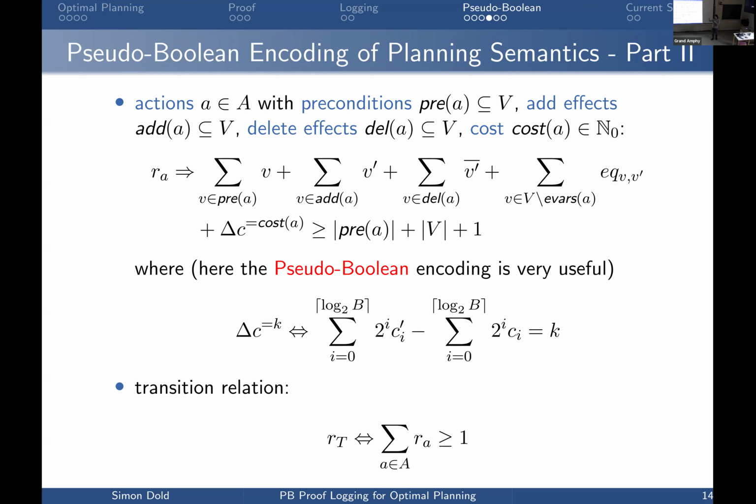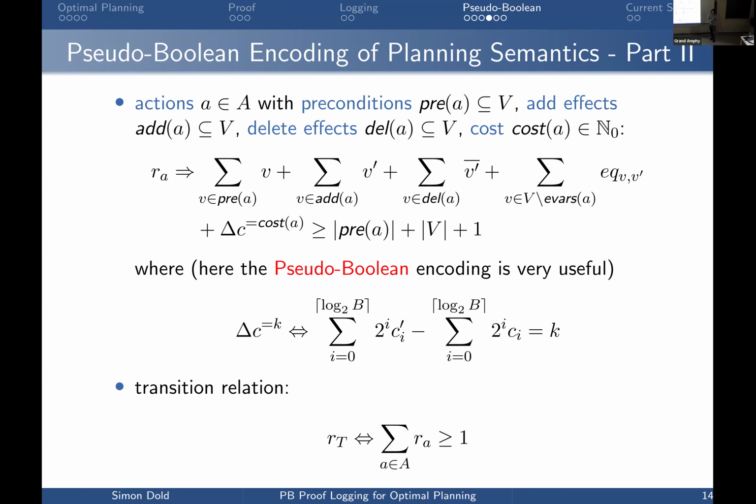And for the successor state, it has to fulfill the post condition. So the things that I have as my add effect have to be added to the successors. The things that are in the delete effect are not allowed to be in the successor. But for all the others, I have the condition that they stay the same as they were.